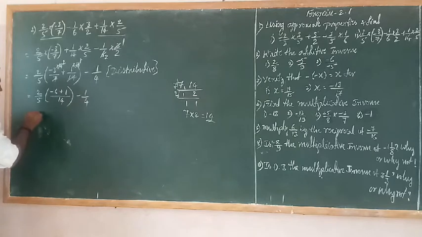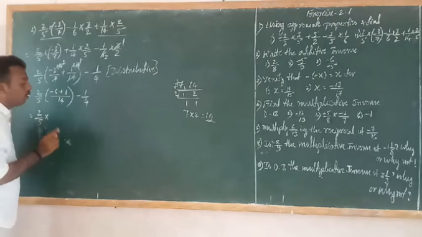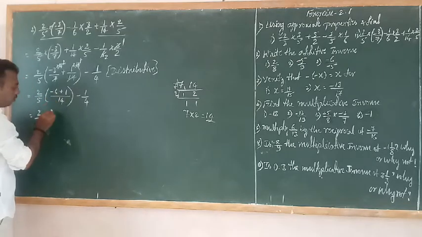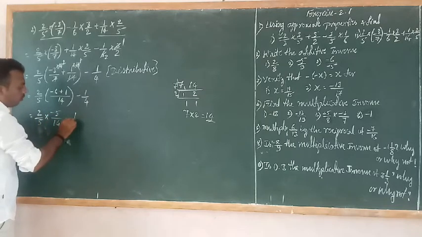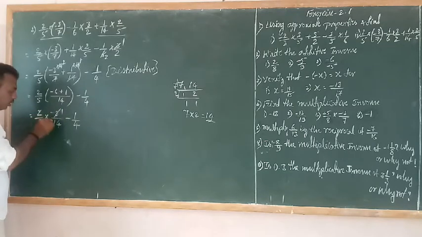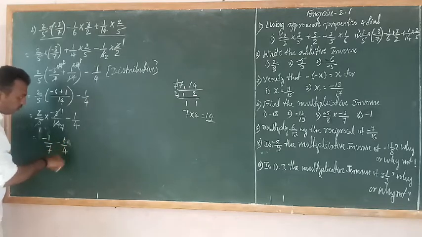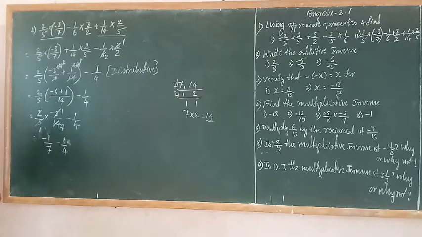Now 2 by 5 into minus 6 and plus 1 is there, signs are different, so we can do subtraction. 6 minus 6 plus 1, minus 5, minus 5 by 14 minus of 1 by 4. Now 5 gets cancelled, remaining 2 ones are 2, 2 sevens get cancelled, 2 sevens are 14. So remaining minus 1 by 7, so minus 1 by 7 and minus 1 by 4.